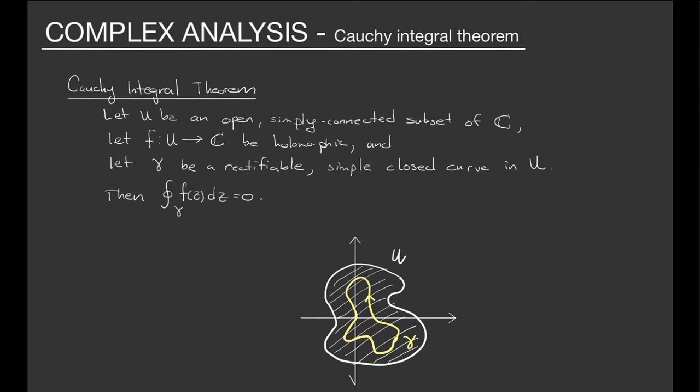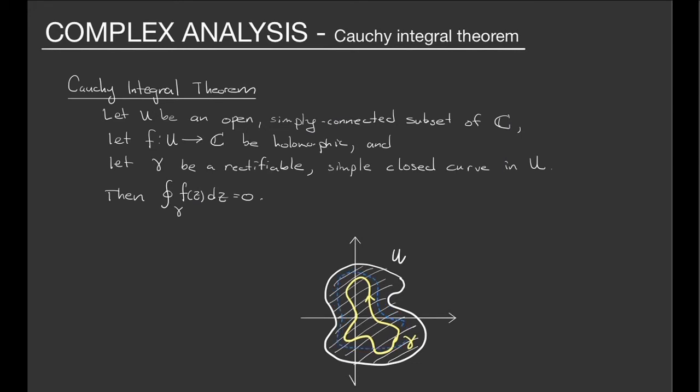Now, back at the beginning when we mentioned what complex analysis is about, we mentioned that one of the core discoveries was showing a relationship between the boundary of an area and the interior of the area. And here is exactly this. Doing a line integral around the boundary, we know that that line integral is going to be 0 without even having to compute it, so long as we know that the function is holomorphic on the interior.